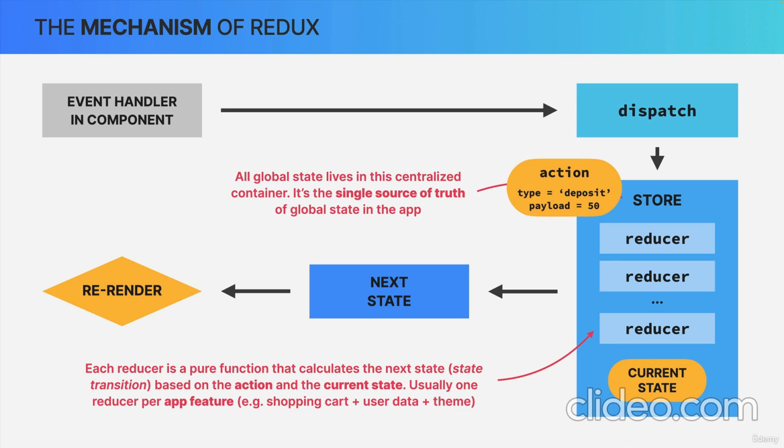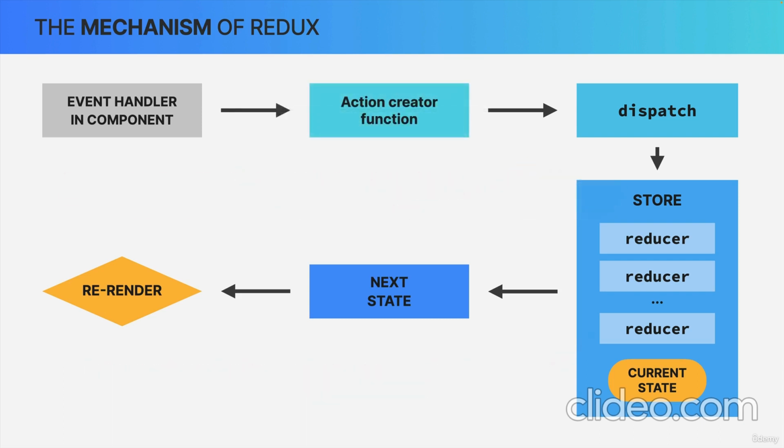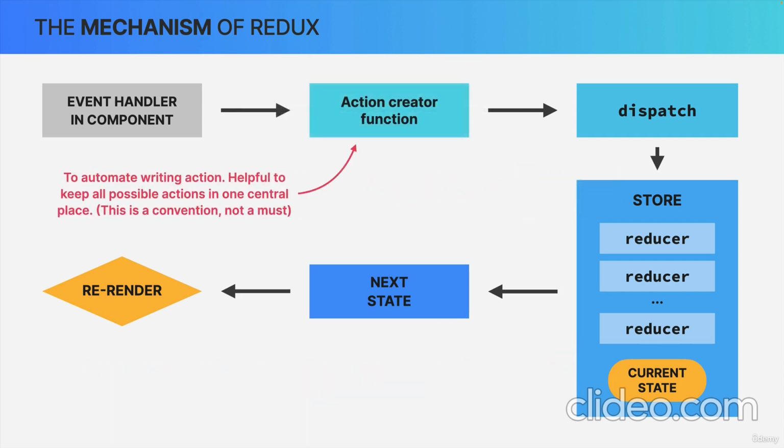So in the real world, when we use Redux, we usually use functions called action creators in order to automate the process of writing actions. So basically, instead of always writing these action objects by hand, we create functions that do this automatically.